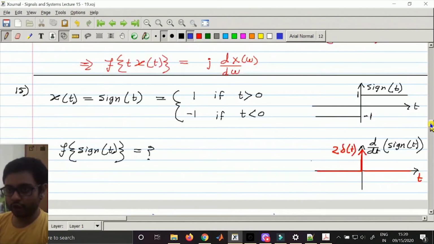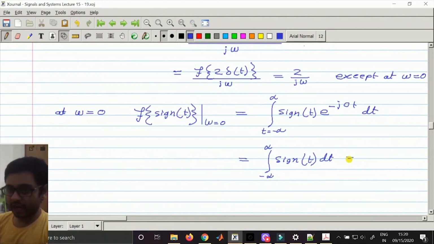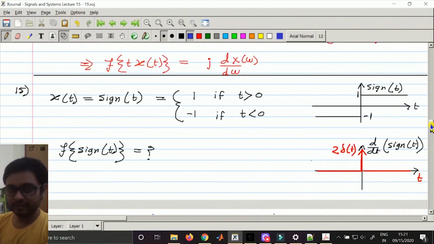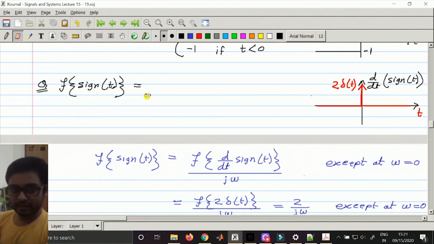By virtue of the antisymmetry of this function, this integration will be 0 because it is an odd function. So finally my answer becomes: the Fourier transform of signum t is 2 over j omega if omega is not equal to 0, and equal to 0 at omega equal to 0.